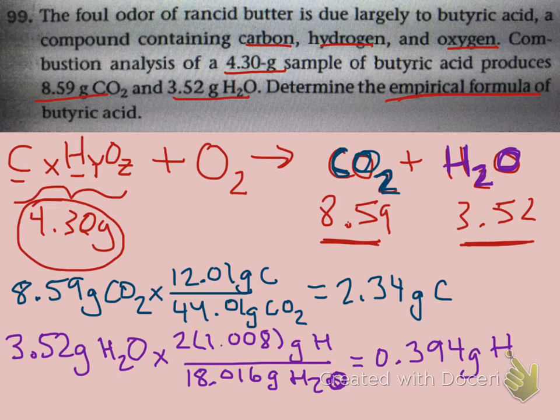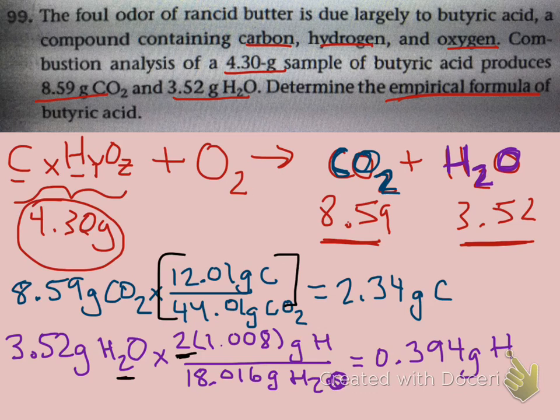So what I've done here is I've taken the mass of carbon dioxide given, and I have converted it into just the grams of carbon based on the relationship I know about carbon dioxide. For every 44.01 grams of carbon dioxide, that's the molar mass of carbon dioxide, there's one mole of carbon, which means that there's 12.01 grams of carbon. The same thing goes with the water, except there are 2 moles of hydrogen for every 1 mole of water. So that's why I multiplied the mass of hydrogen by 2.